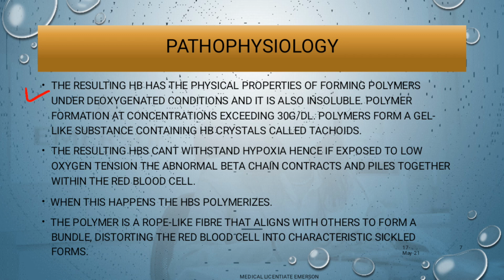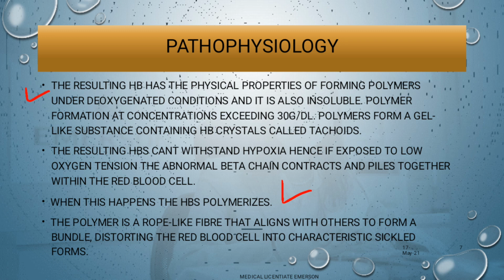The resulting HbS can't withstand hypoxia, hence if exposed to low oxygen tension, the abnormal beta chain contracts and piles together within the red blood cells, and the Hb polymerizes.